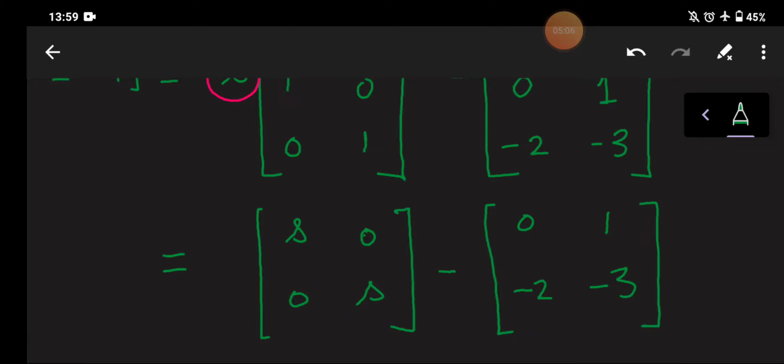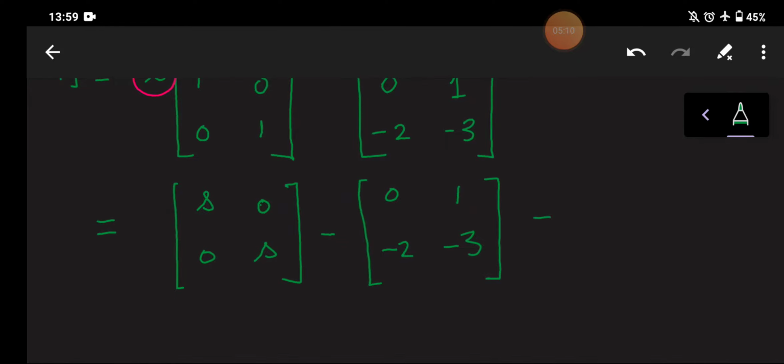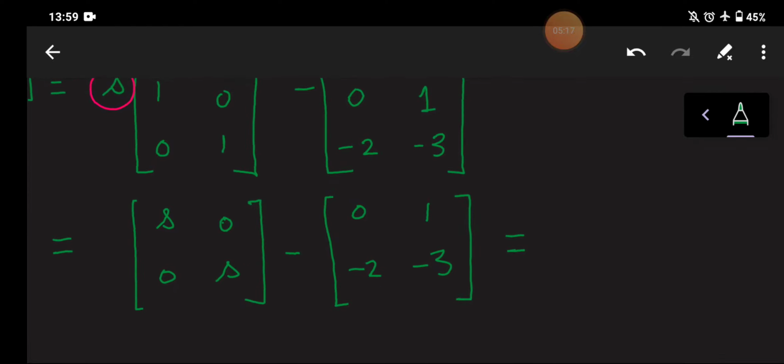In the next step we have to subtract these two matrices. I hope you all know how we can subtract: each element is subtracted by the element at that position.